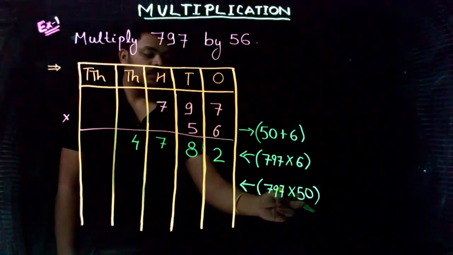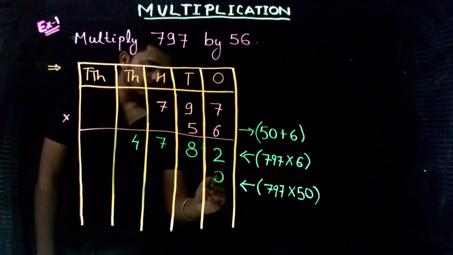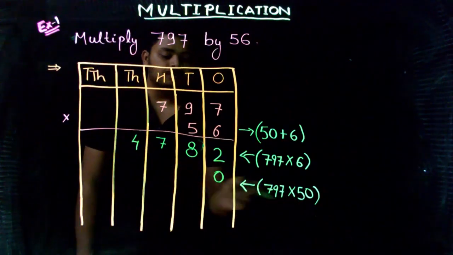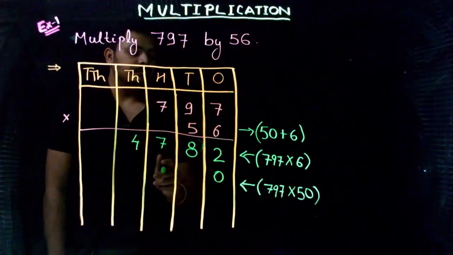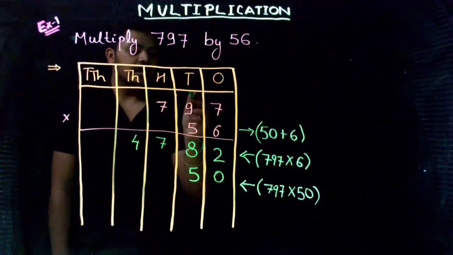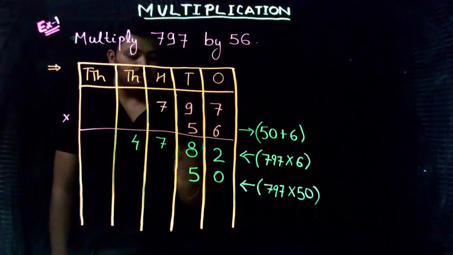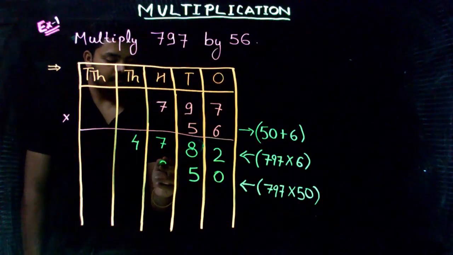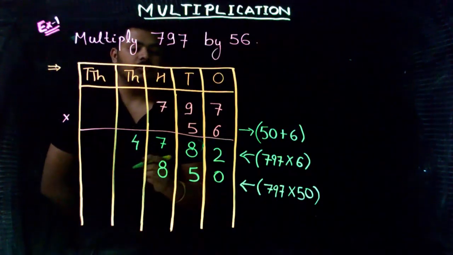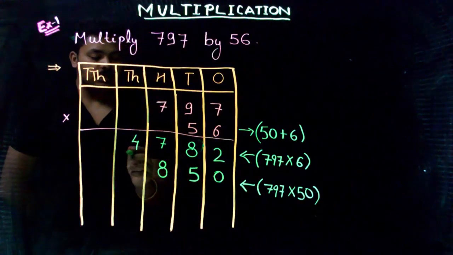Since we are multiplying with a multiple of 10, we place a 0 and the rest is multiplying with 5. 5 into 7, 35. 3 carried over to the tens place, 5 into 9, 45 plus 3, 48. 4 carried over to the hundreds column, so 5 into 7, 35 plus 4, 39.